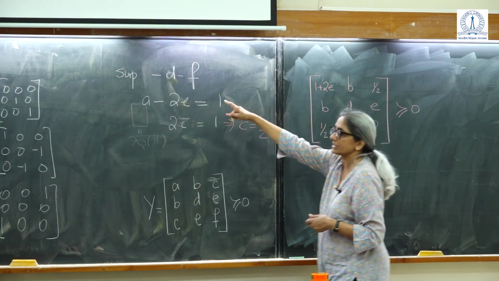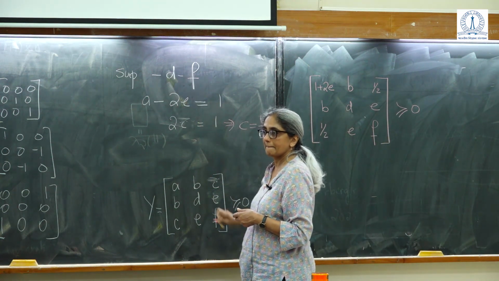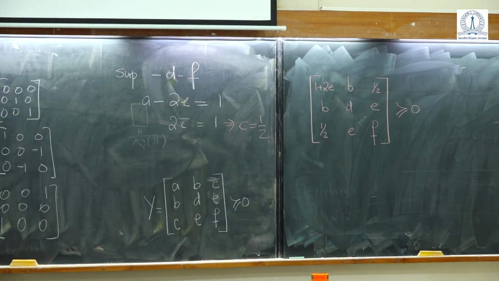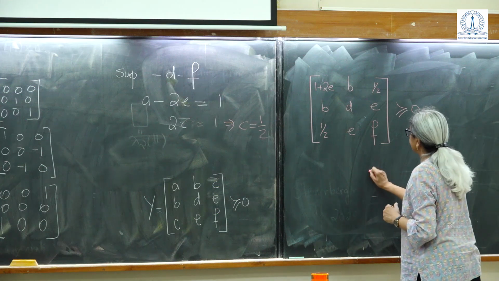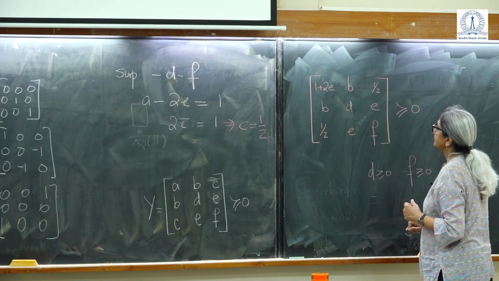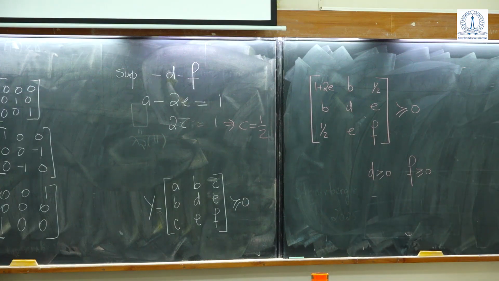Actually, we also want to do this, right? We want to maximize. Because from the 1 by 1 principal minors, we'll get D is greater than or equal to 0 and F is greater than or equal to 0. So we want the supremum of minus D minus F. But there are more conditions, right?